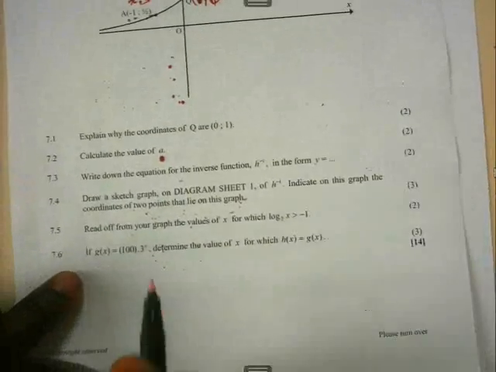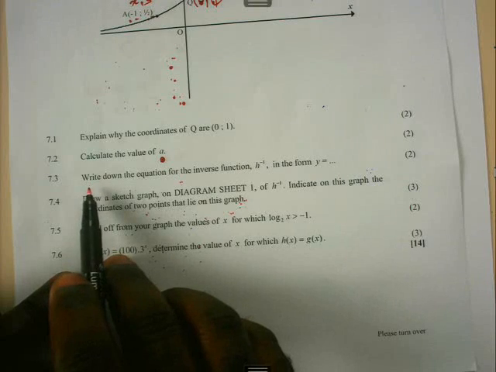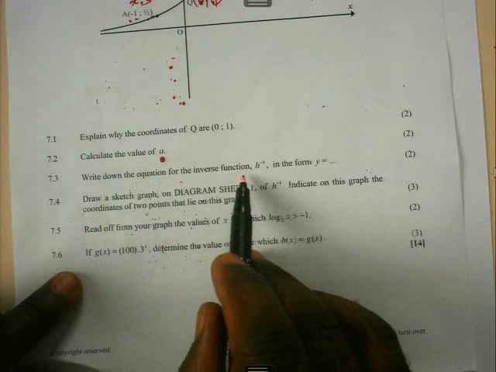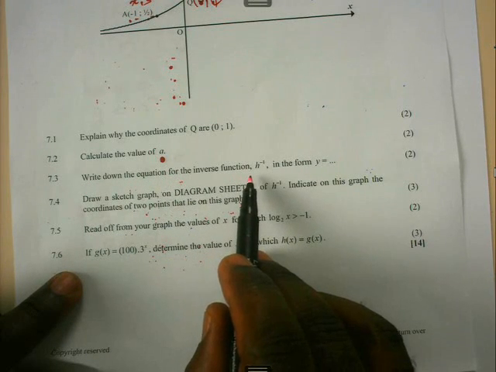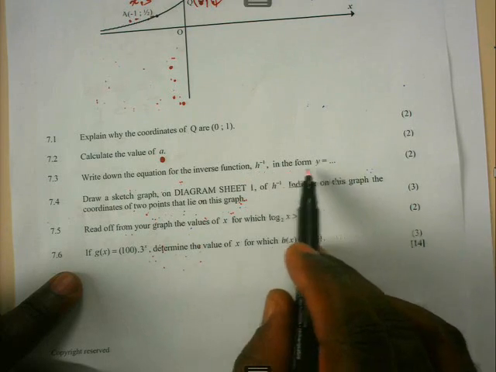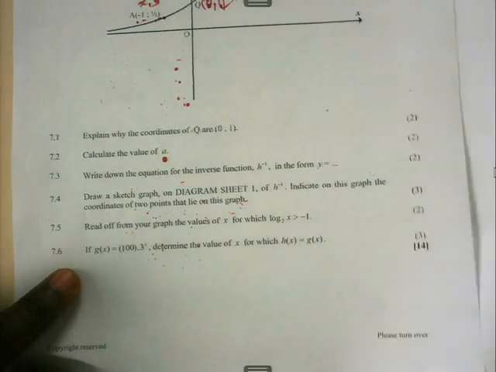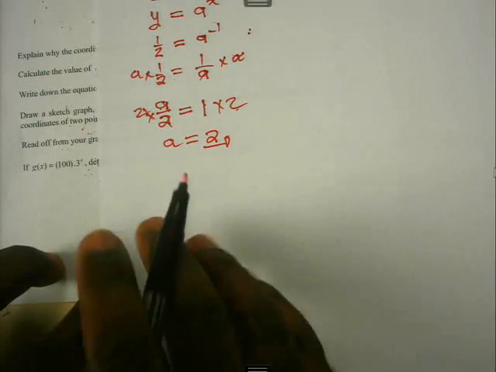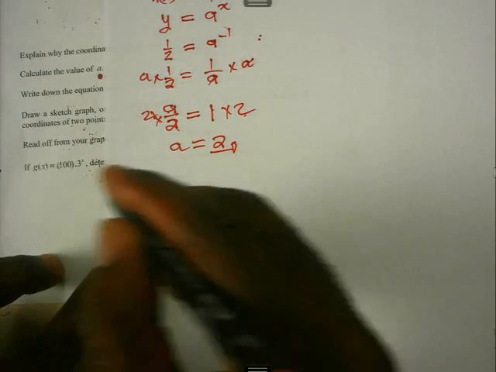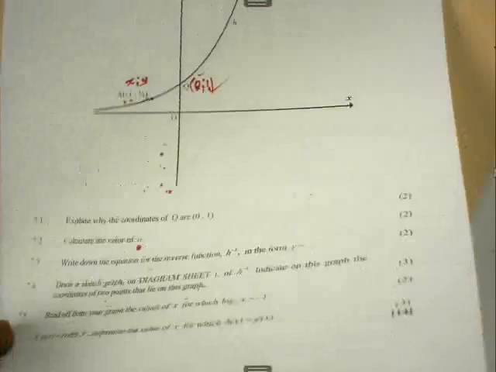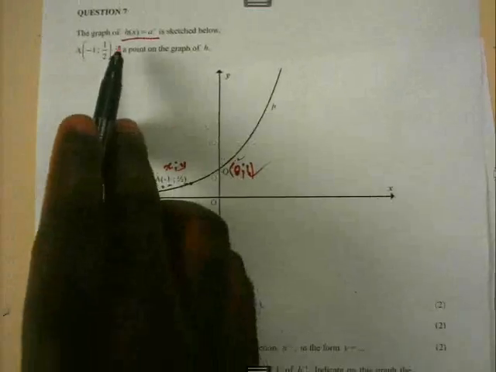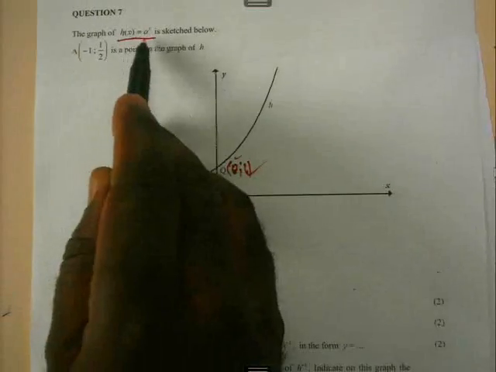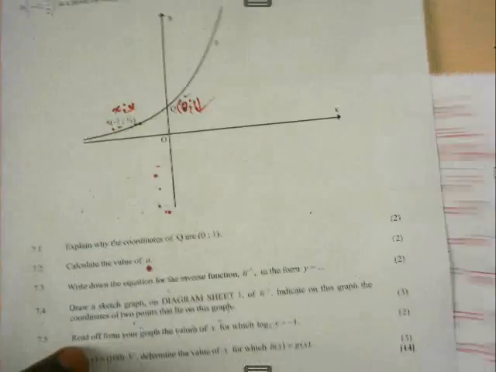Let us go to 7.3. 7.3 says write down the equation for the inverse function h prime of -1 in the form of y. Before we can do that, I think it is proper and logical to write the whole equation of the function, because now we have got the value of a.